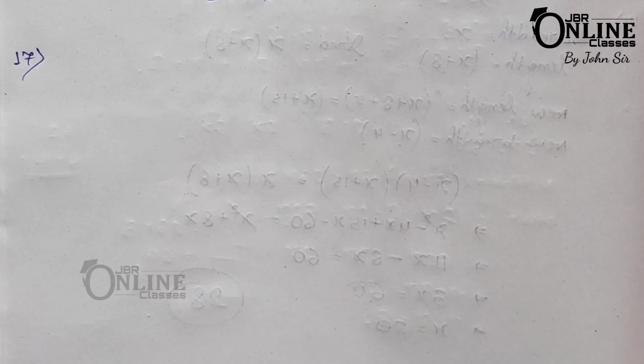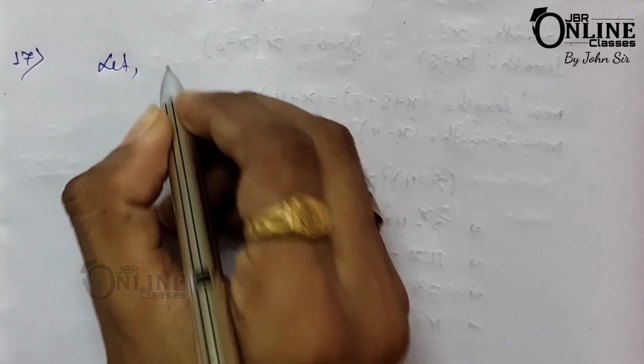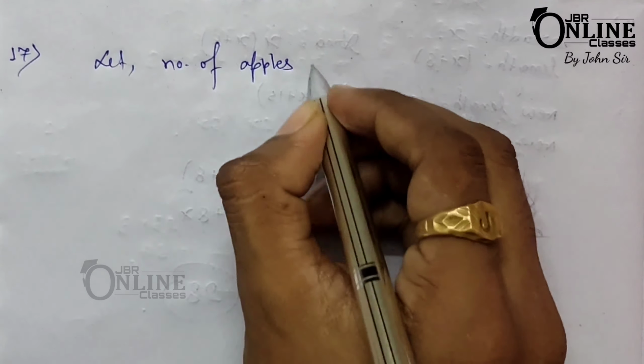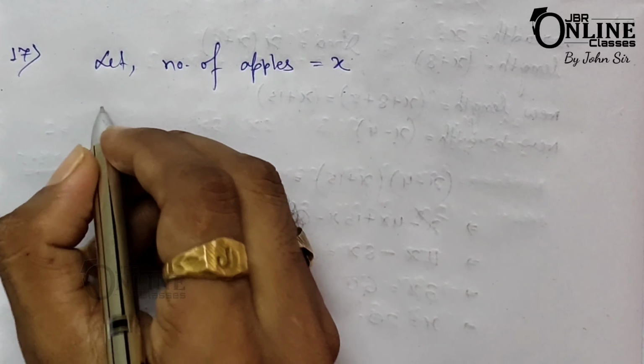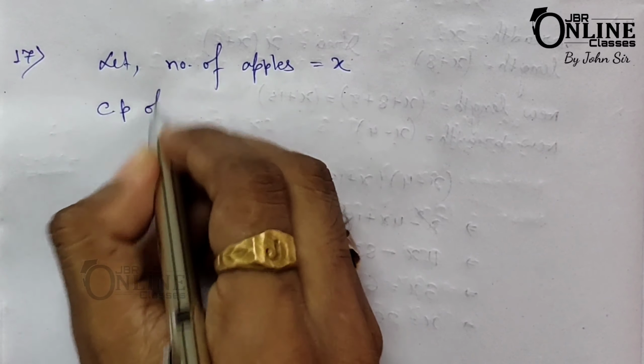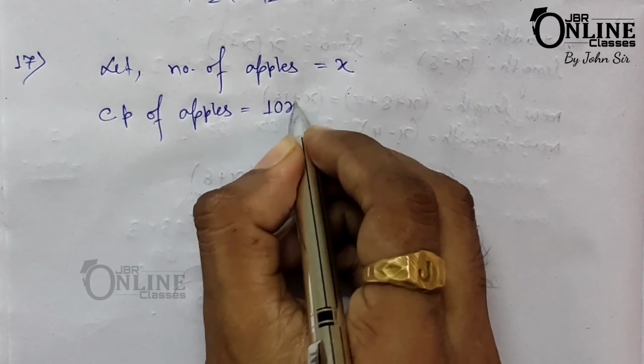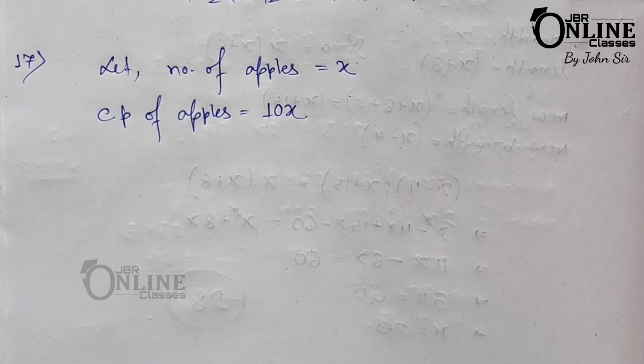Okay, now sum number 17. It's a little big problem. Karthik buys some apples at the rate of rupees 10 per apple. So let the number of apples equal x, then CP, that means cost price of apples, equals 10x, as each apple costs rupees 10.